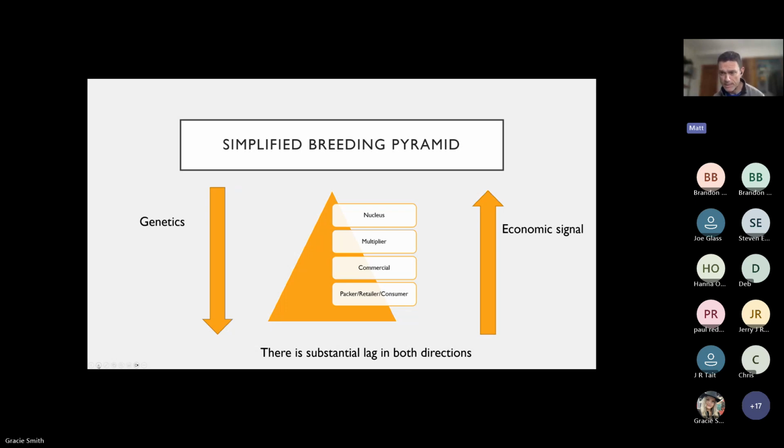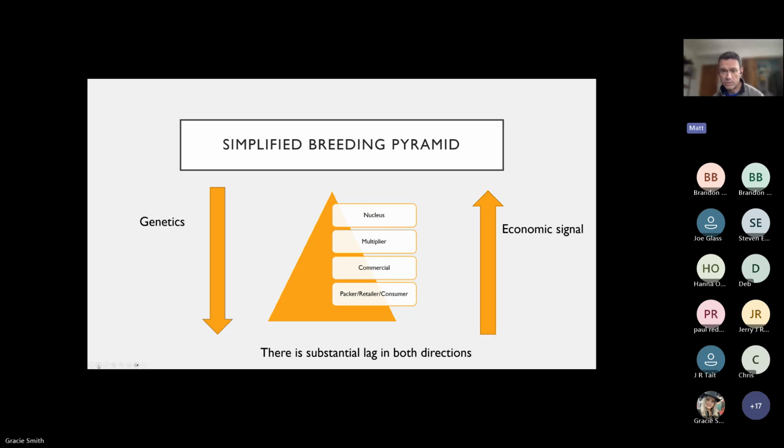I always remind my colleagues, as well as industry, that the differences we see in the meat we eat starts at the decisions made at the very top of this breeding pyramid, right? Genetics is important all the way through our industry, but there's lag in the genetics making it all the way down. And unfortunately, there's also lag in economic signal that comes back up, right?